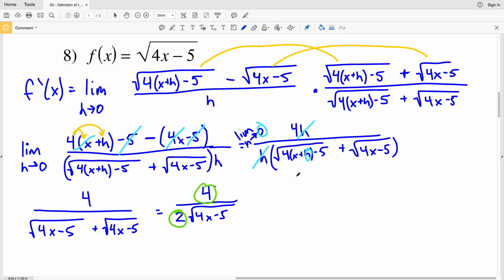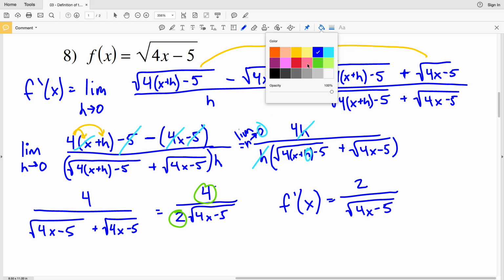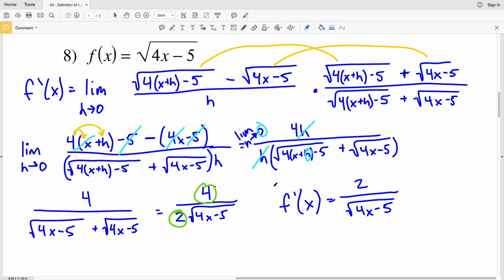So I'll have 2 in my numerator and the square root of 4x minus 5 in my denominator. So the derivative of f of x, f prime of x, equals 2 over the square root of 4x minus 5. Now on to number 9.